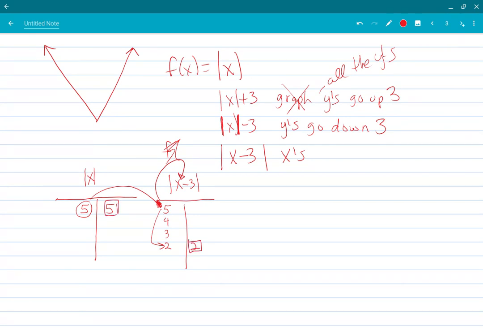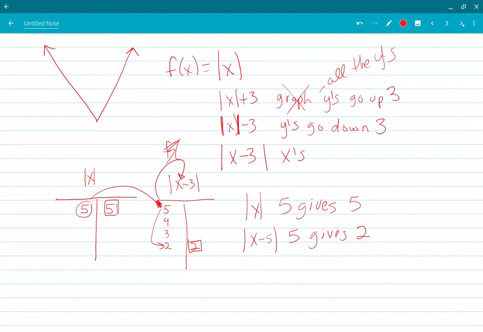So the original one, 5 gives the output 5. But on this one, 5 gives the output 2. So who got there faster? Who got up faster?